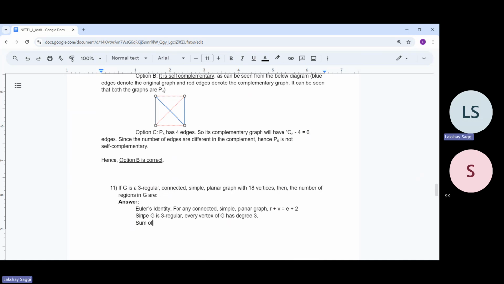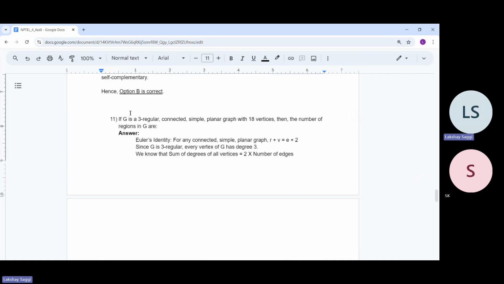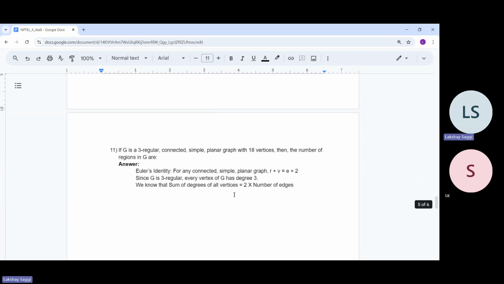So what we get is the sum of degrees of all vertices of G. This is an equality which we know holds true not just for this specific graph but for all graphs: the sum of degrees of all vertices is equal to 2 times the number of edges. This is a very common property. We know that the sum of degrees of all vertices is equal to 2 times the number of edges.